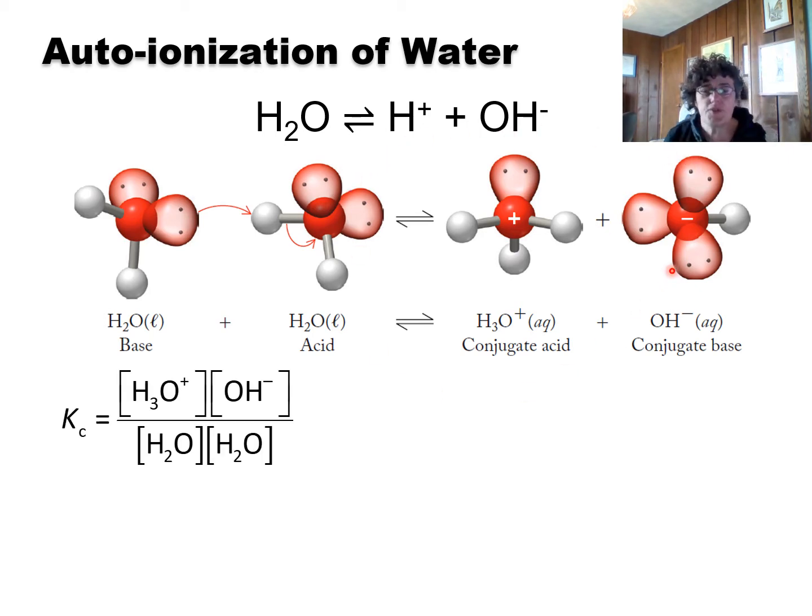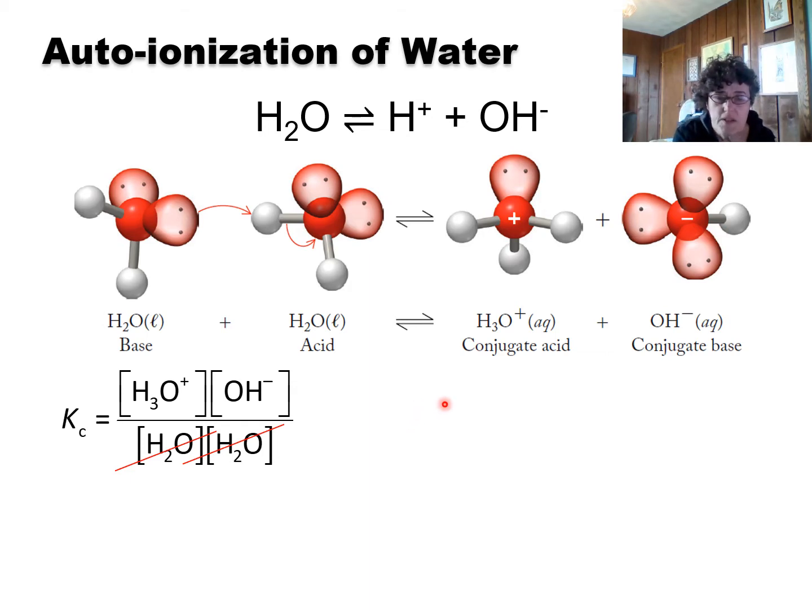If we go and write the equilibrium constant, it's once again a heterogeneous equilibrium, because on the reactant side both molecules that are identical are liquid, so they should not appear in our equilibrium constant. All that should appear are the two products, H3O plus and OH minus.